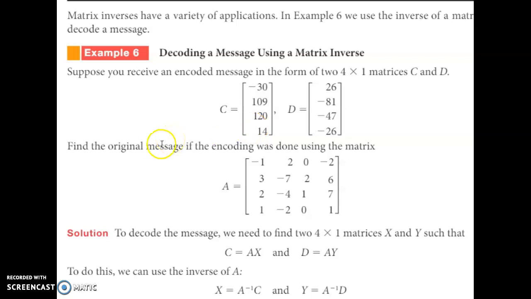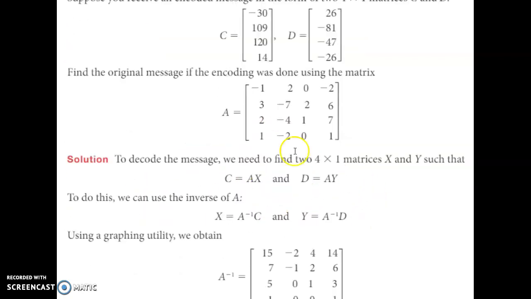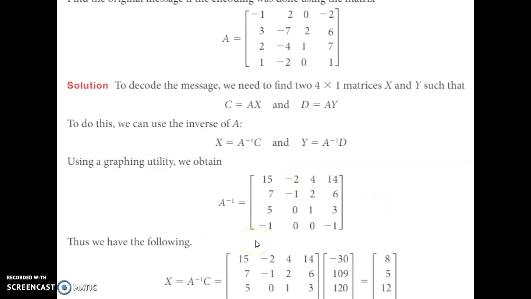It says it's encoded, and the original message was actually encoded by using this matrix. Now, of course, if you have your counterpart in the cryptic business, they would have to know what that original matrix is in order to figure it out. So what you're telling them is, here's the original matrix, here's the encoded message, only you know what the original matrix is. Take the inverse of it, which is what they're doing here.